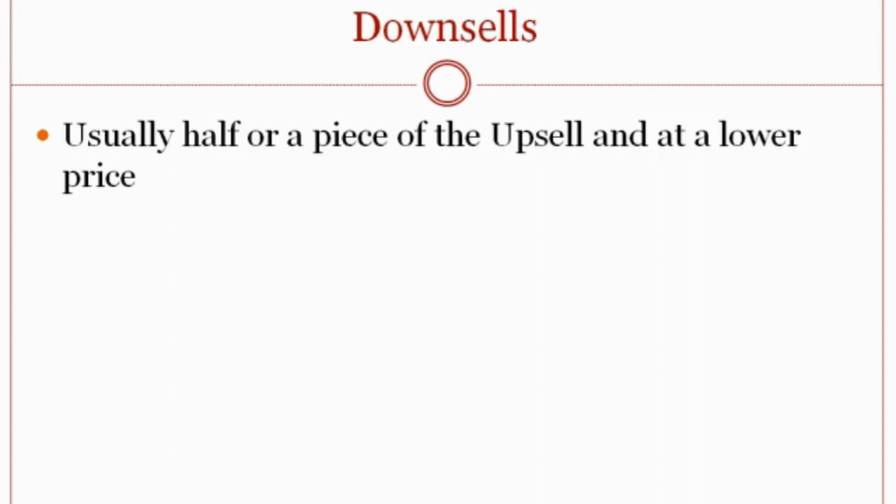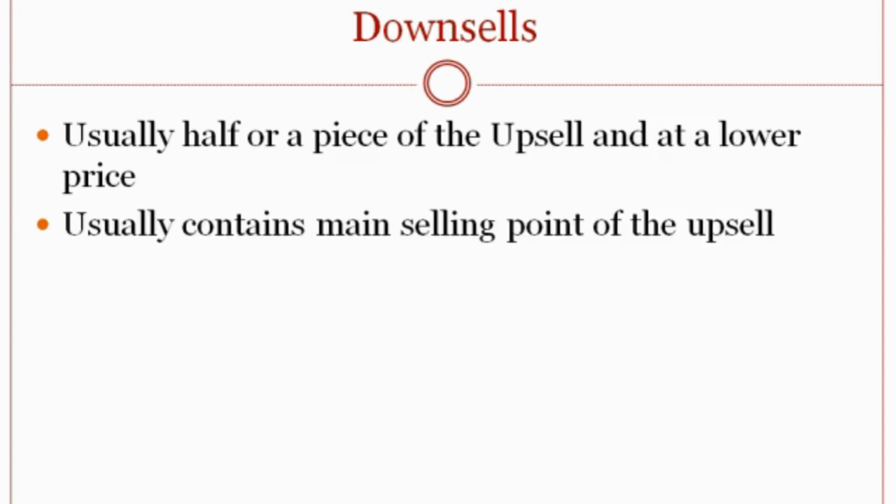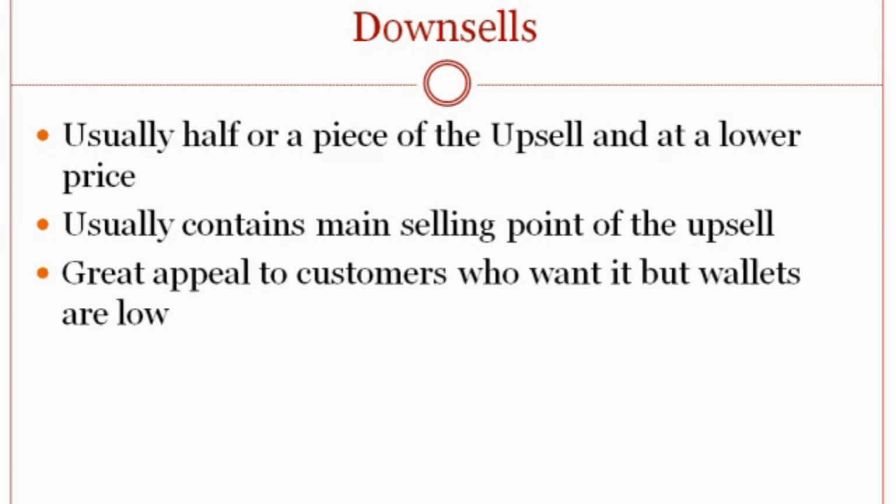So it's not like you're offering the upsell for a lower price. That would not be good for your customers. A downsell is usually a piece of the upsell for a lower price. And it usually contains the main selling point of the upsell. But it's a great appeal to customers who want it, but their wallets are low on cash.